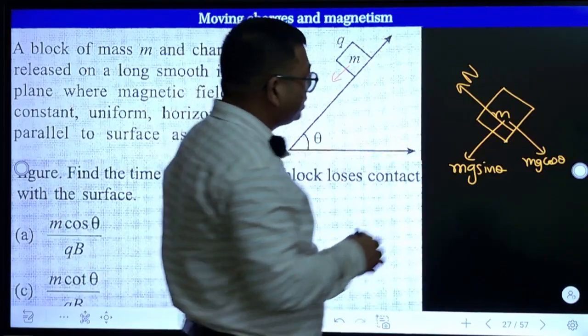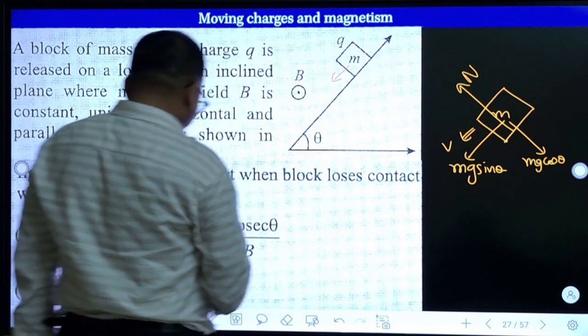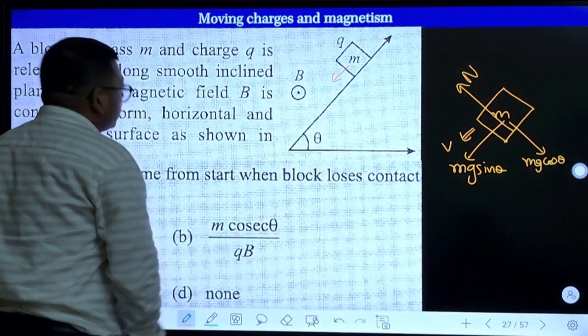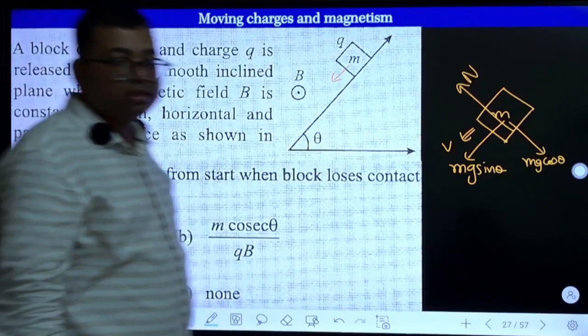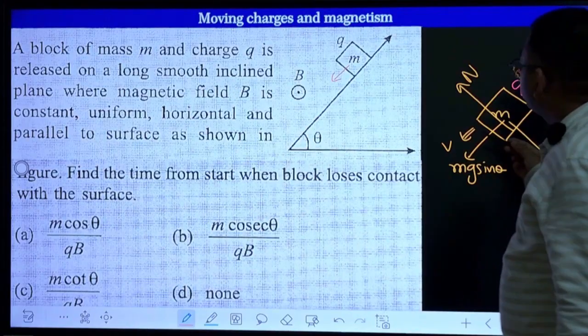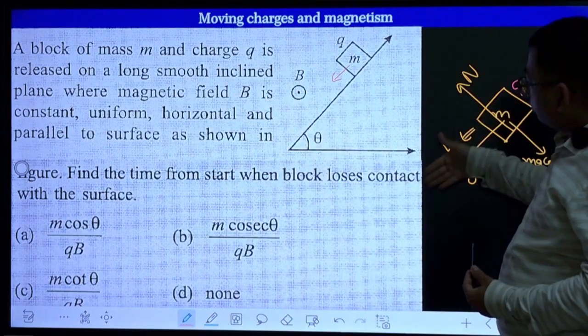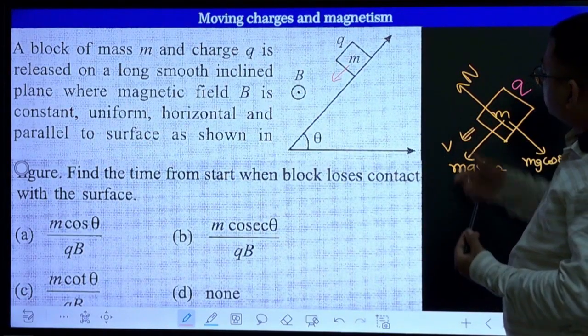But it has a velocity in this direction, so the magnetic field is coming out of this plane, right? Dot. So which direction will the magnetic force be, because it has got some charge. So q v cross B: v and B, v is along the incline and B is coming out, v cross B will be in this direction.